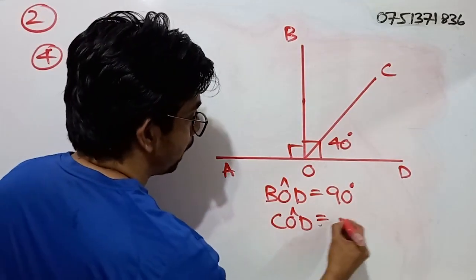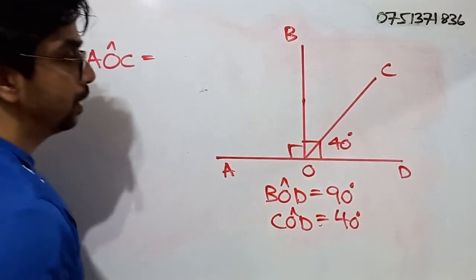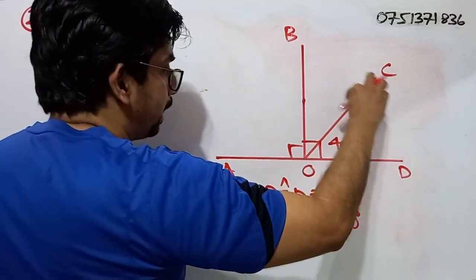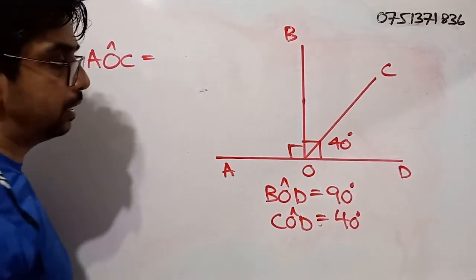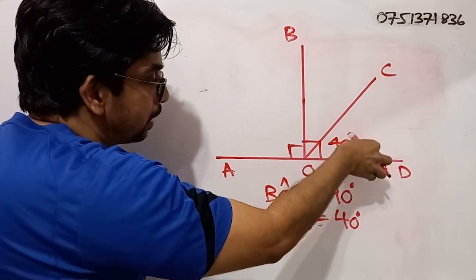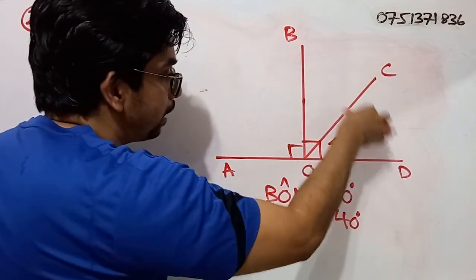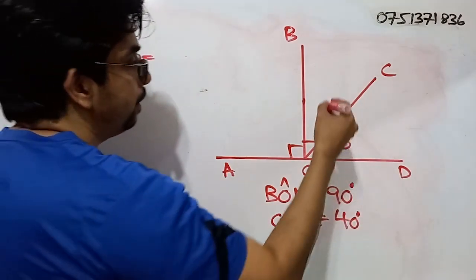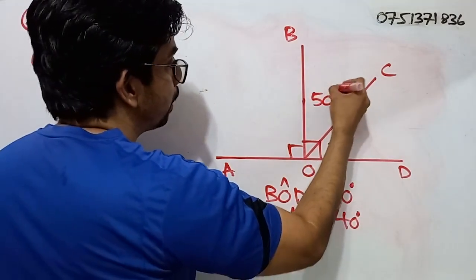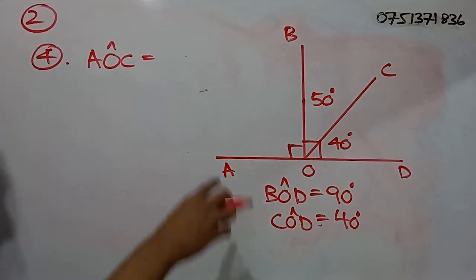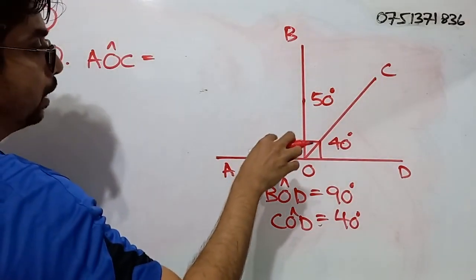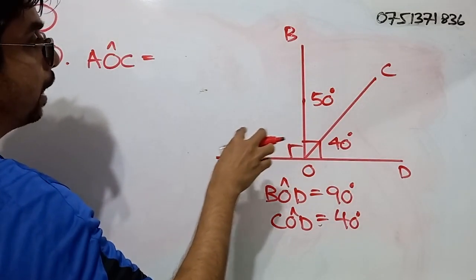COD. What is that? 40 degrees. So that means this entire angle is 90 degrees. This part, that means COD part, 40 degrees. Definitely, this should be what? 50 degrees.